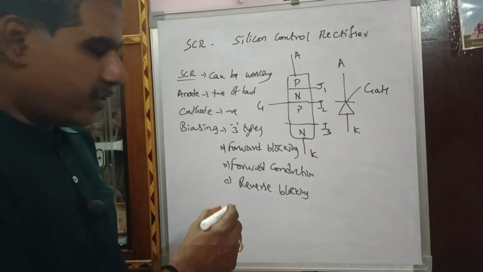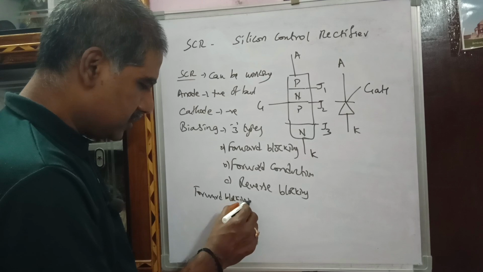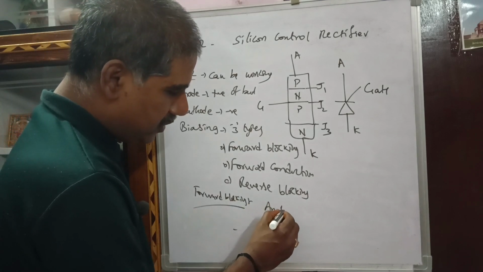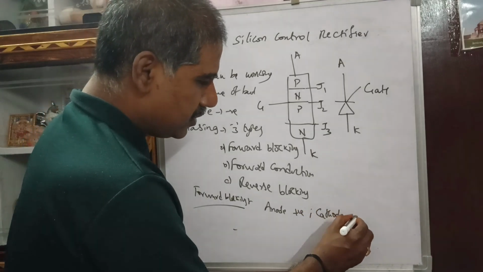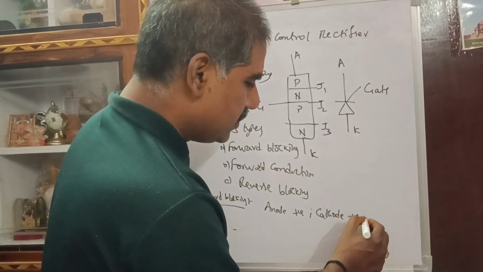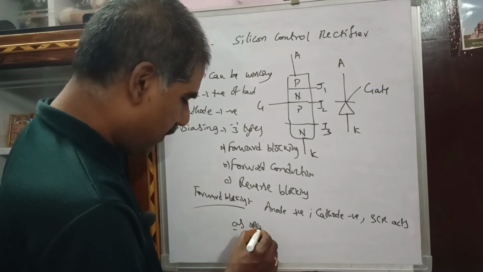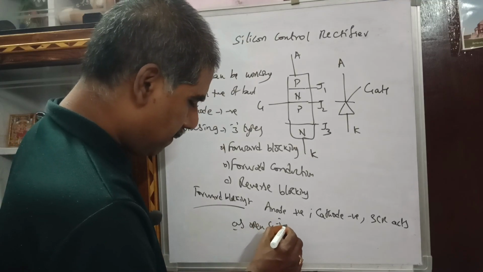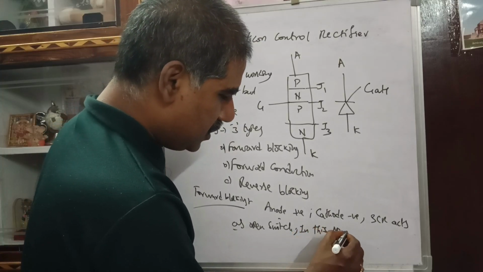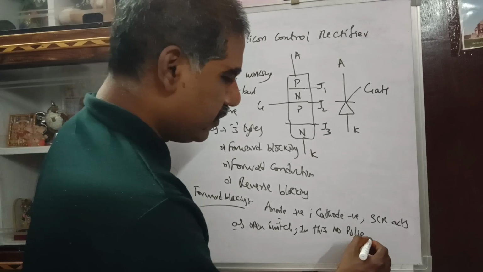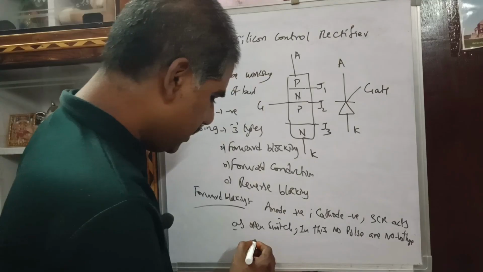Next, forward blocking. What is meant by forward blocking? The anode electrode is connected to positive, whereas the cathode is connected to the negative terminal. In this, the SCR acts as an open switch. No pulse is given, or no voltage is applied to the gate terminal.